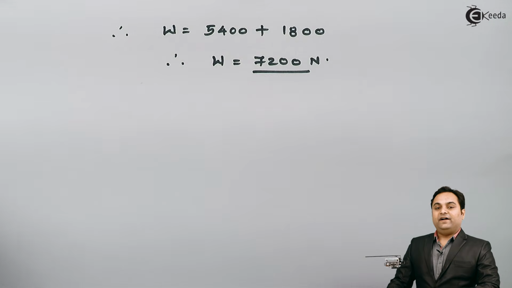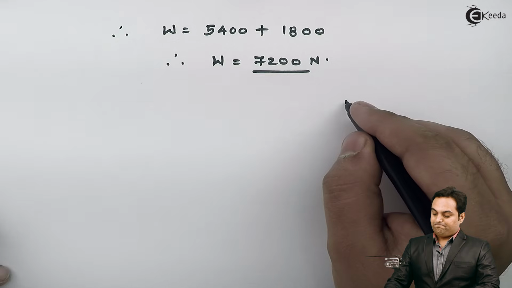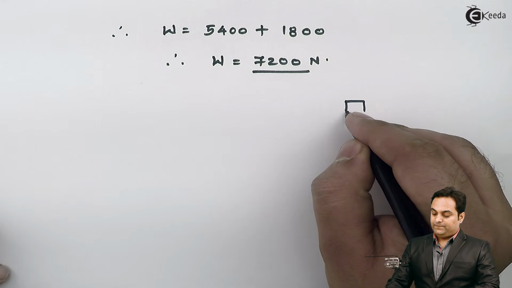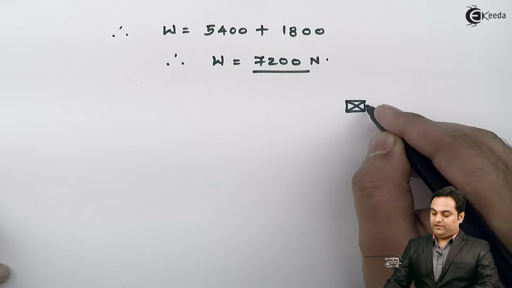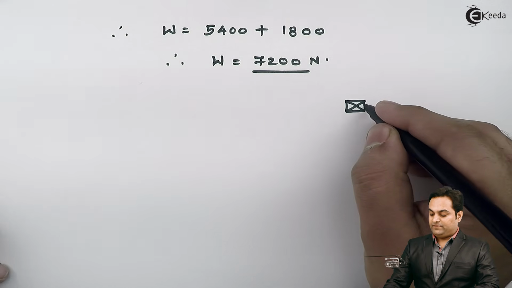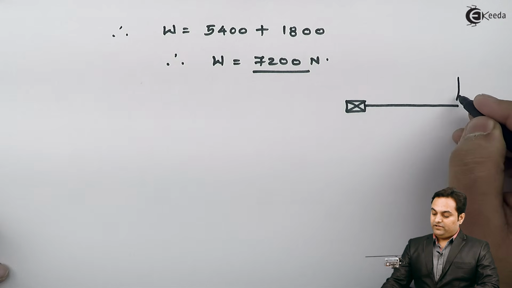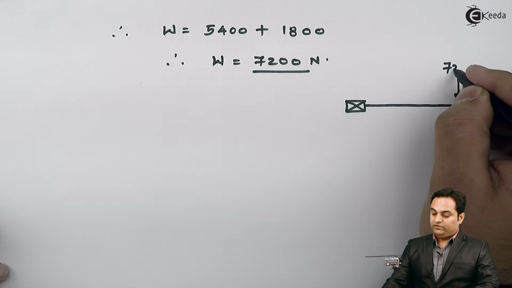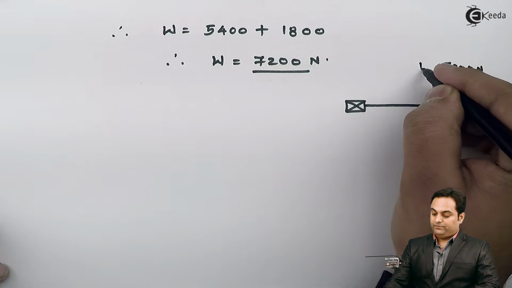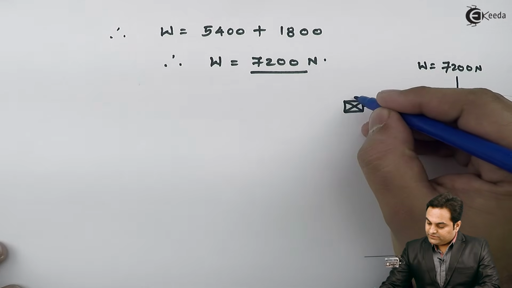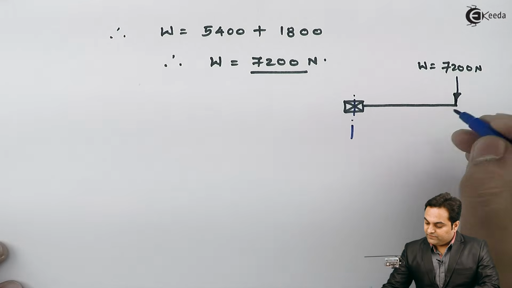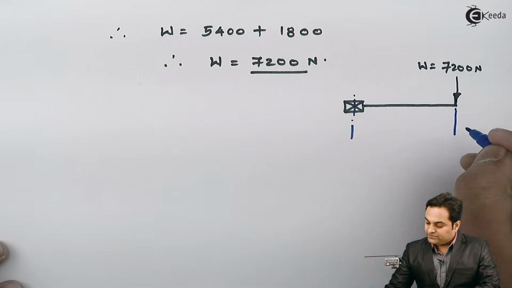Now once I have this weight, I can say that here is the bearing. The shaft, I can explain it with just a single line. This represents the shaft, and here we are having this total load of 7200 Newton. Its length is known to us, it is given, this distance is 400 mm.